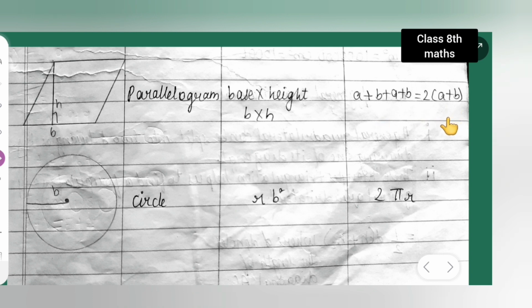Next, let us see the circle. This is a circle, right? The area is pi r squared. And the perimeter of the circle is 2 pi r.